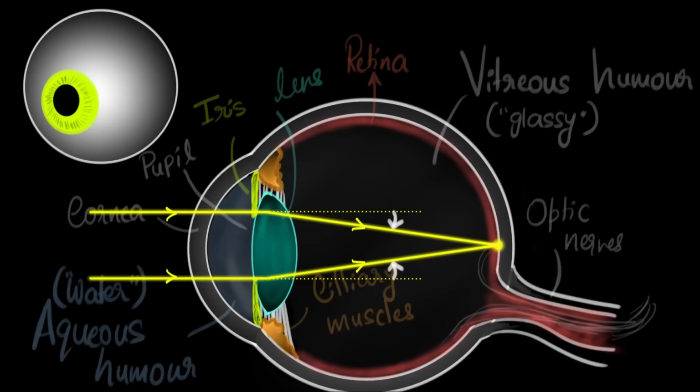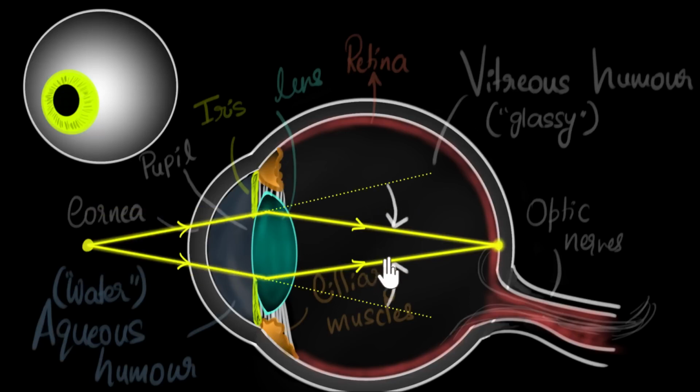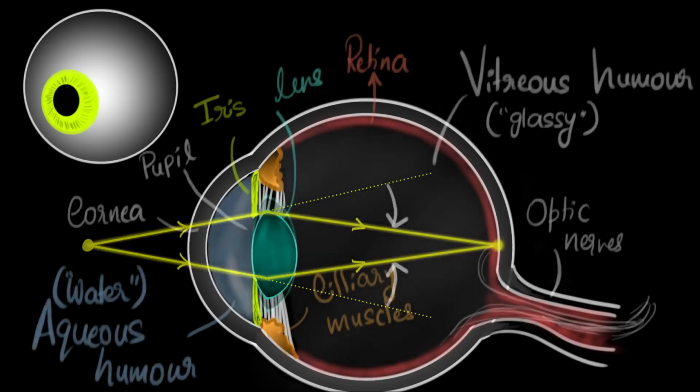But when the objects come closer, since the required power is more, the ciliary muscles will start pushing on this lens to increase its curvature, as you can see. Like this. I've exaggerated the figure over here. It'll push on the lens, increase the curvature, and as a result, it will increase the optical power. And that's how, depending upon the distance of the object from our eyes, the curvature of the lens will keep changing. And that is done by these ciliary muscles.